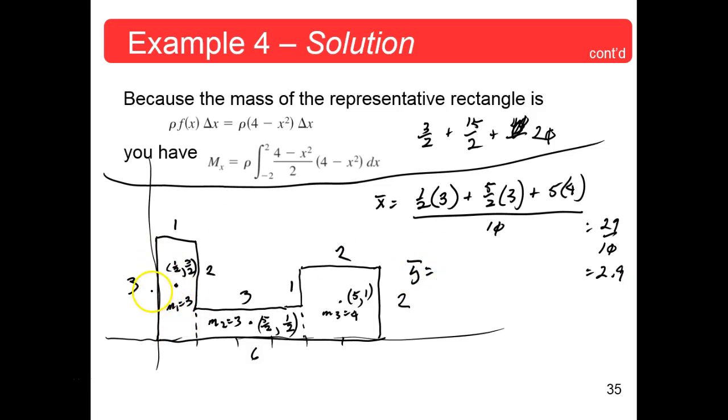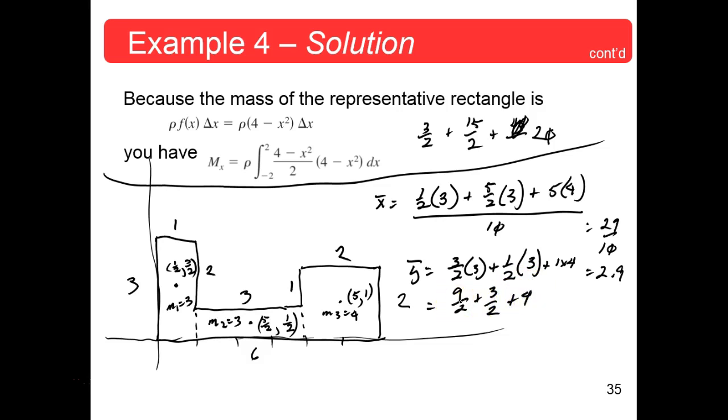Okay, your y bar is going to be from the x-axis, so that's going to be 3/2 times 3, plus 1/2, the y coordinates here, times 3, plus 1 times 4. And that's going to be 9/2 plus 3/2 plus 4.